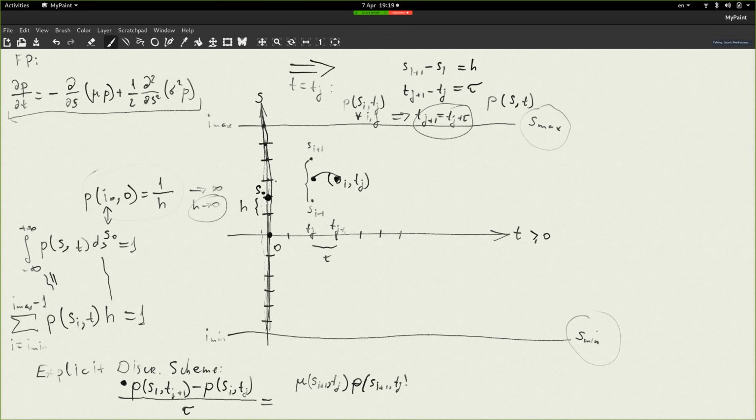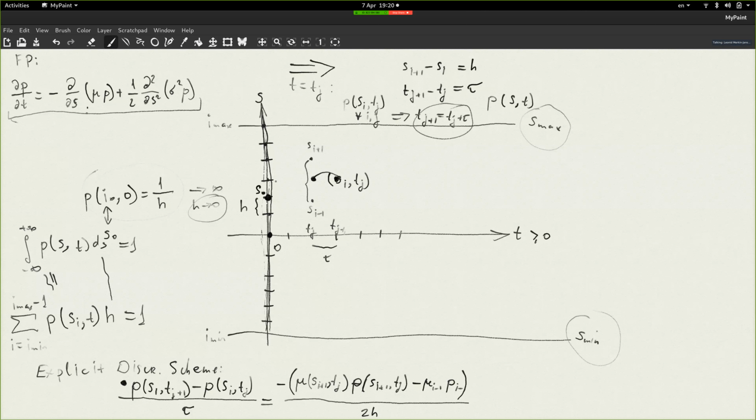I just do not write it completely, but you understand what I mean. Divided by 2 times h. And this is to be taken with the minus sign because there is a minus in front of the corresponding term in the Fokker-Planck equation. Plus 1/2.